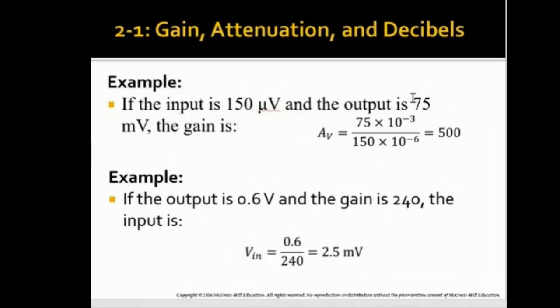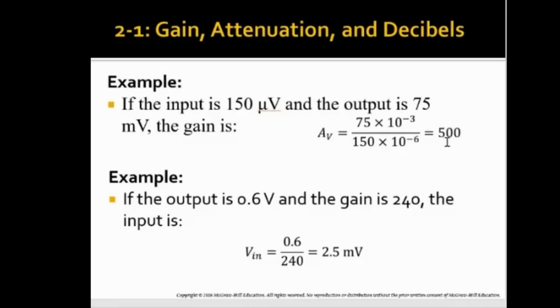We divide the output, 75 times 10 to the power of minus 3, by 150 microvolts, which is multiplied by 10 to the power of minus 6.